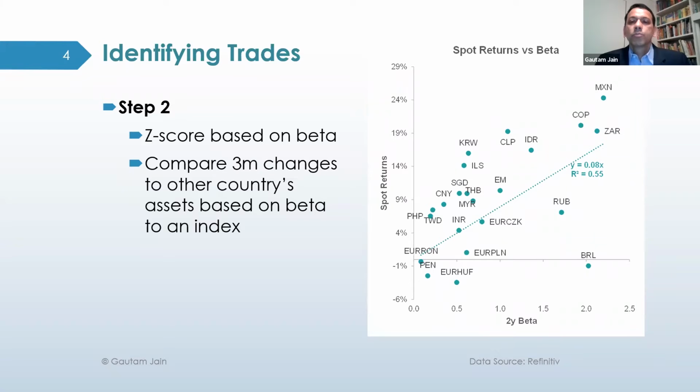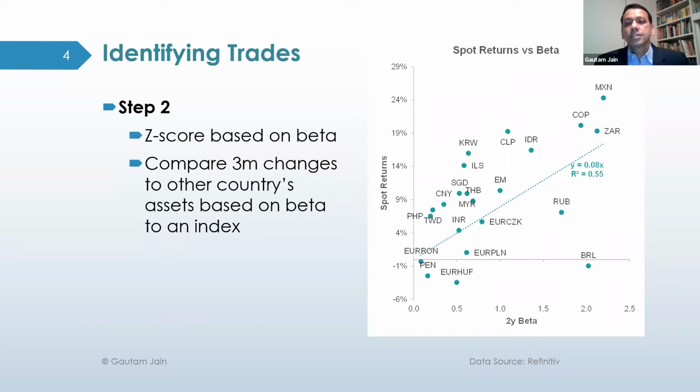To do that, it is important to adjust by their respective betas. What I mean is, I compute the betas of each of the assets with respect to an aggregate EM index. So if I'm looking at currencies, I create an EM currency index, and I compute the beta of each of the currencies with respect to that index.